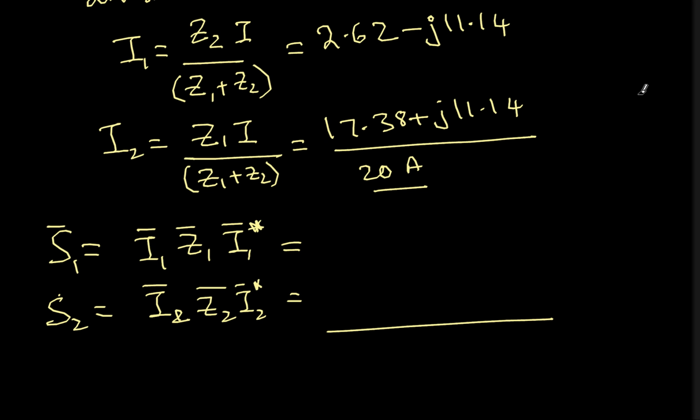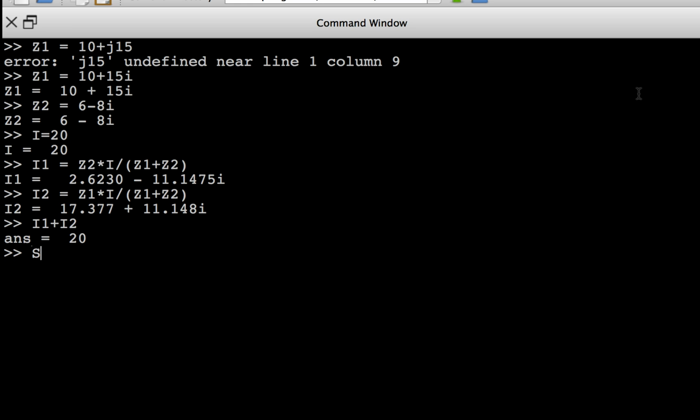So let's do that. What is S1? S1 is nothing but I1 into Z1 into conjugate of I1. Similarly, S2 will be I2 into Z2 into conjugate of I2.